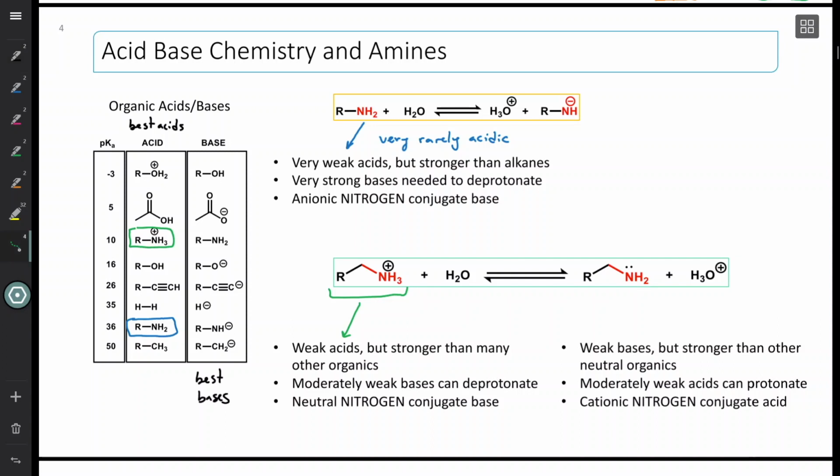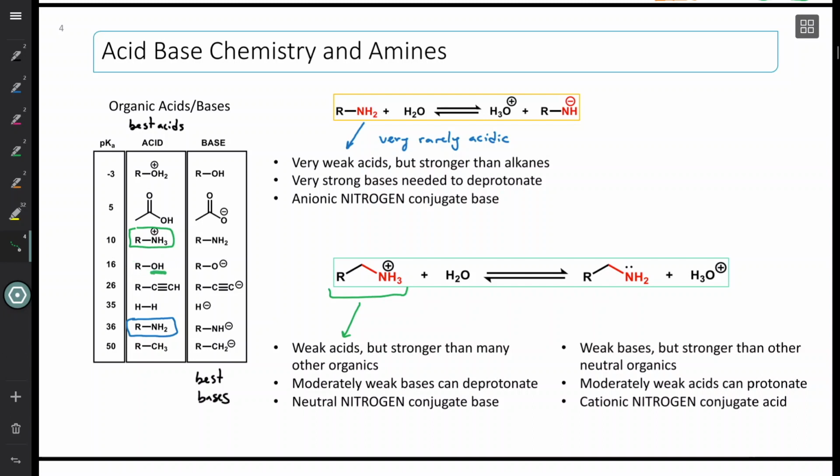So you can see here's carboxylic acid, pretty good acid, and a protonated amine is below that. So it's a better acid than an alcohol, right?